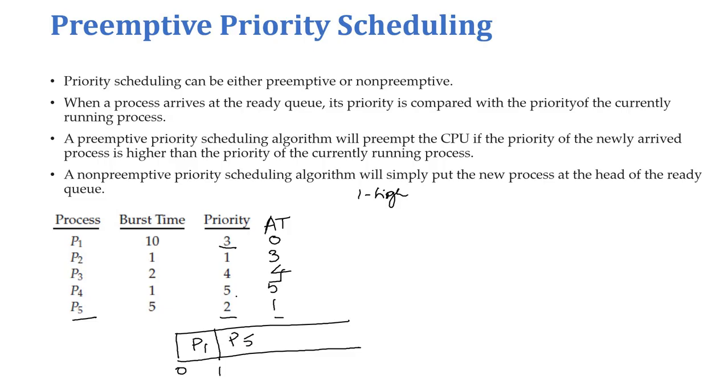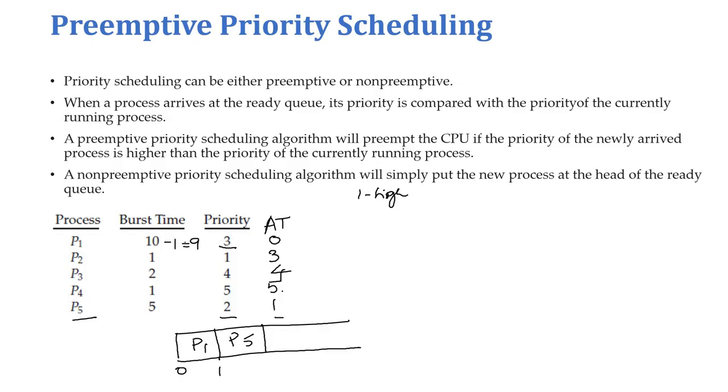So P5 will start executing. The P1 burst time is 10, and it has already completed 1 millisecond, so the remaining burst time for P1 is 9. Now the time is 2.